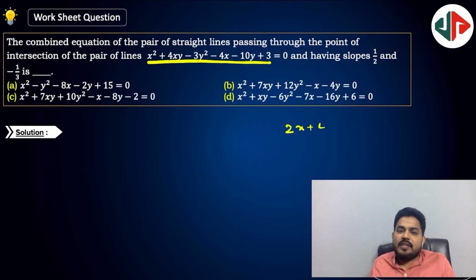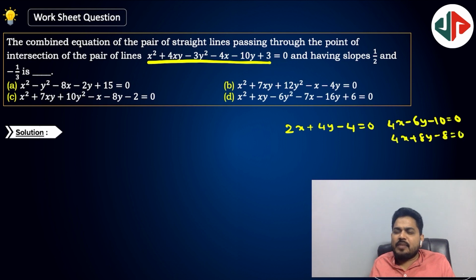2x plus 4y minus 4 is equal to 0. Differentiate with respect to y. 4x minus 6y minus 10 is equal to 0. So if I multiply this one with the 2, you can write it as 4x plus 8y minus 8 is equal to 0.